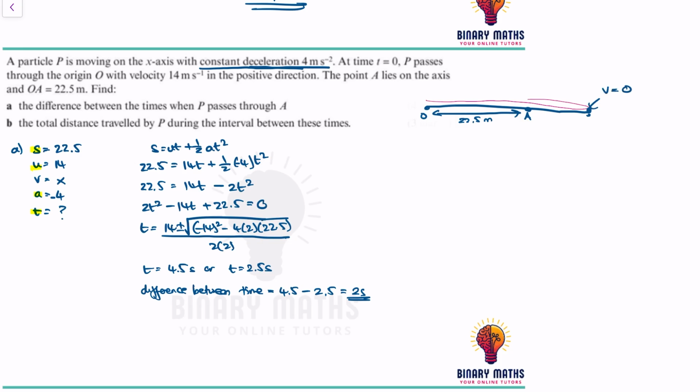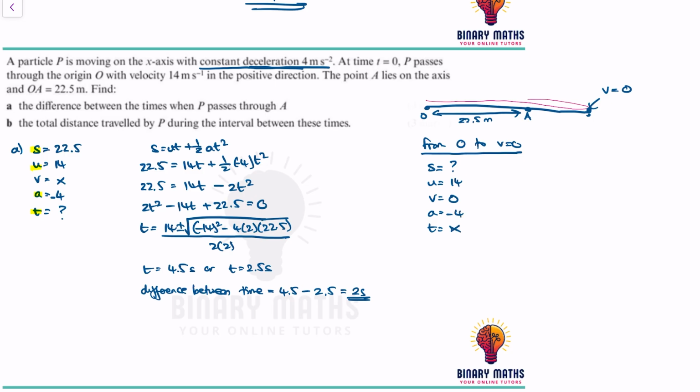So we need to do from O to V equals 0, okay, when the velocity is equal to 0. So if I set up SUVAT, we're trying to find this displacement because we don't know the journey. So S is the question mark, initial speed we do know is 14. And now in this journey, the final speed is 0. Acceleration is -4, and we don't know the time it takes.